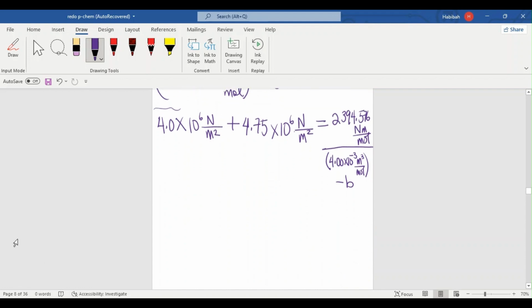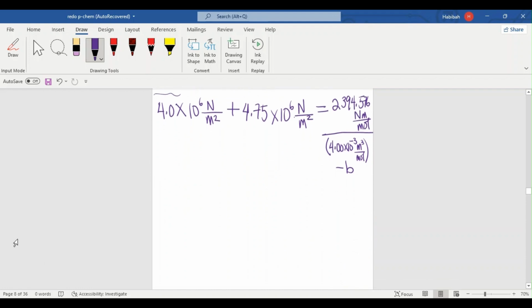I apologize, I know this is a lot, but it's chemistry, that's just how it is. So this is what you have so far. Let me rewrite this again so it's easier for you to digest.